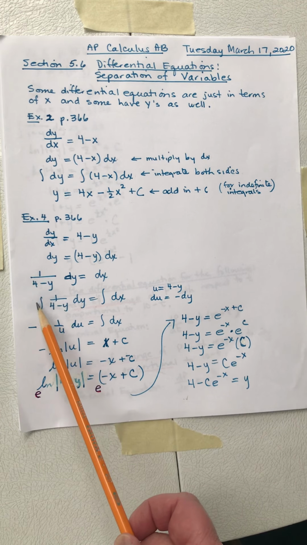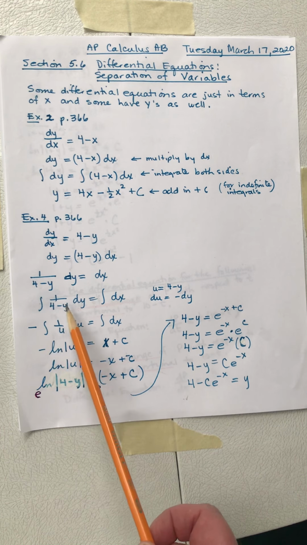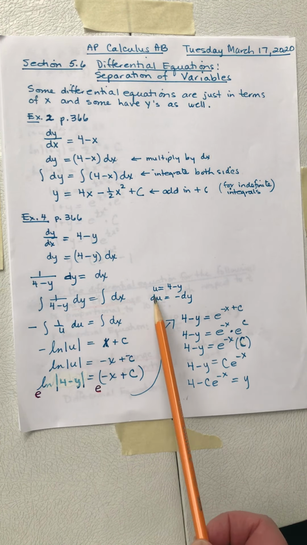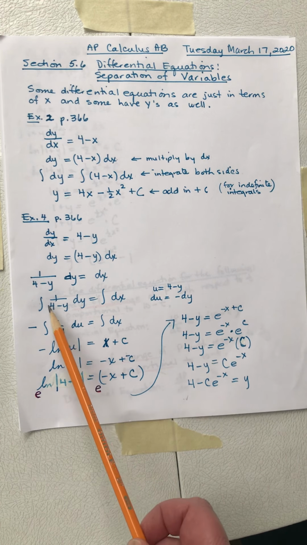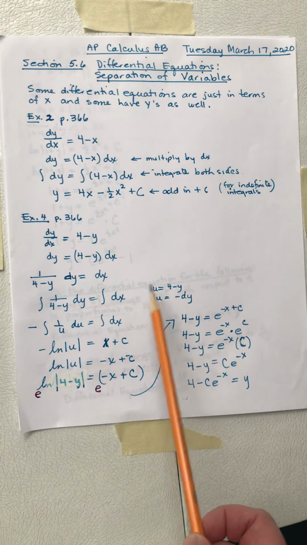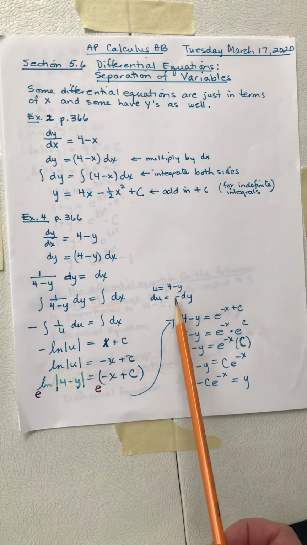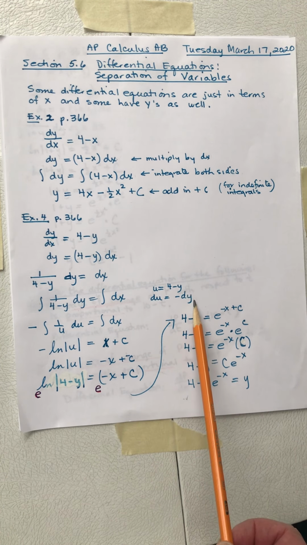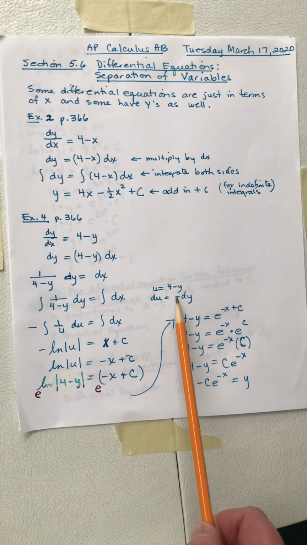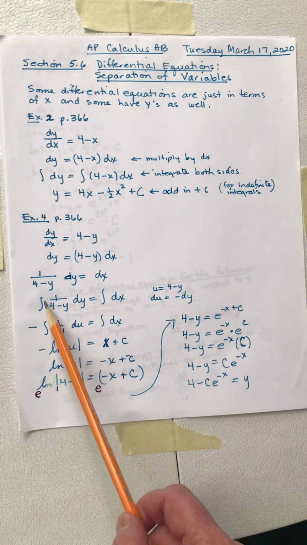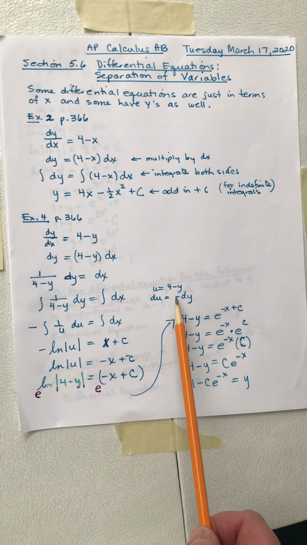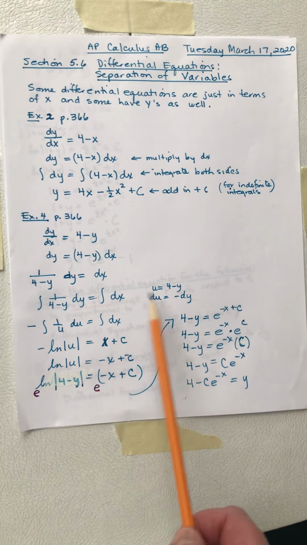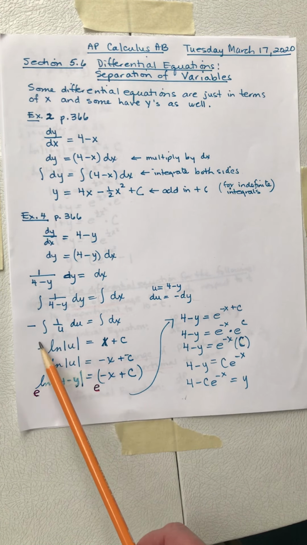So if I integrate the left, I have to use a u/du substitution. So my u will be 4 minus y, and my du will be a negative dy. So on that side, I picked up a negative that's not in the original problem, so I multiply by the reciprocal of that coefficient, -1, which is -1, or I simply put a negative in front of the integral.